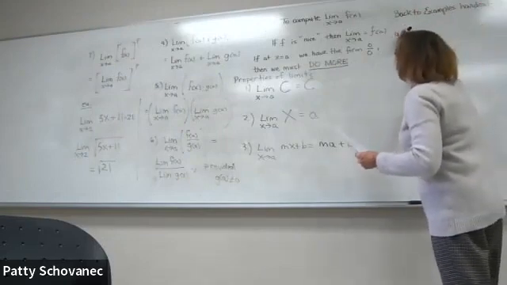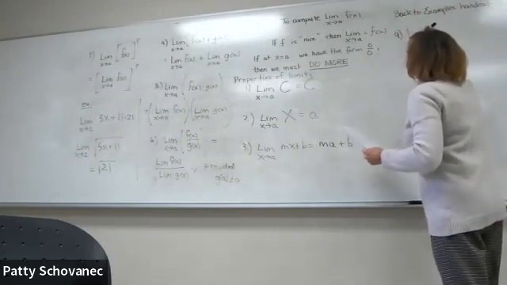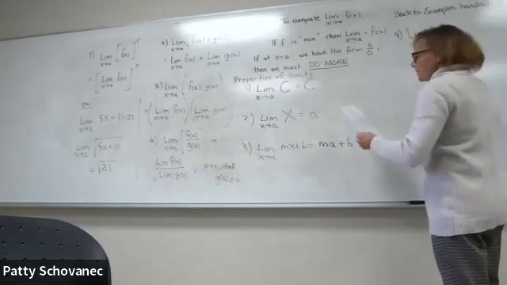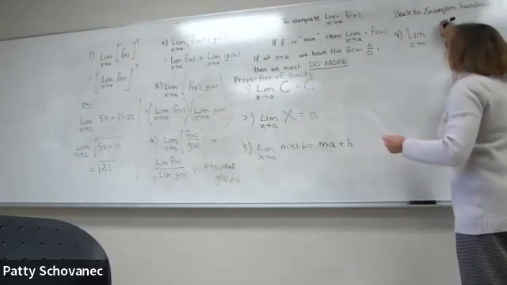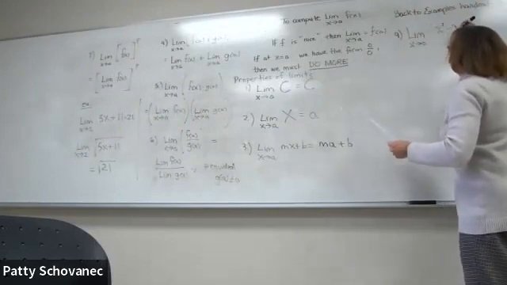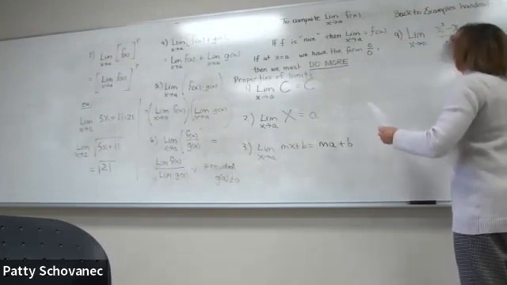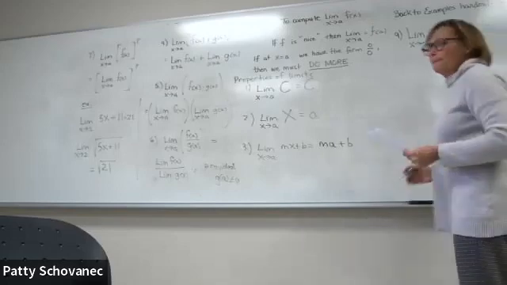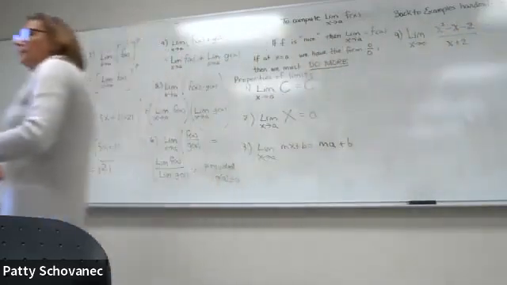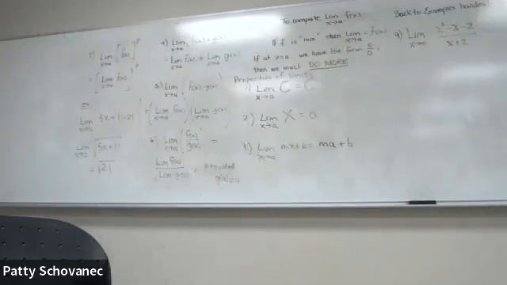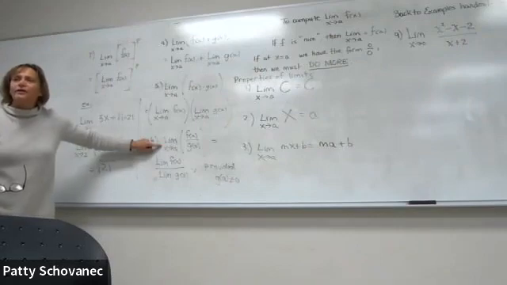Problem number 9 says we're going to take the limit as x goes to 0. On top, we're going to have x squared minus x minus 2. On the bottom, x plus 2. So we're kind of looking here, I got a fraction in there.